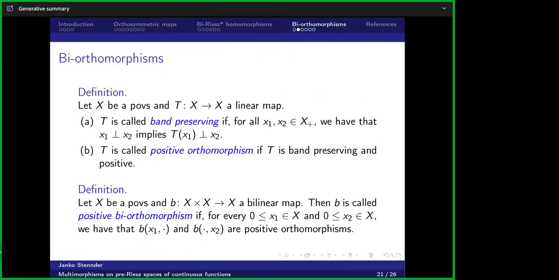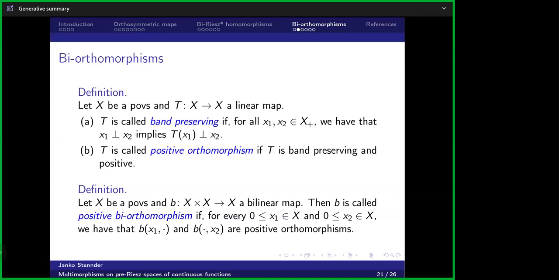And we define again a bi-version of this operator. On a partially ordered vector space, we call it a positive bi-orthomorphism. Again, if we fix one of the arguments with a positive element, then the result is a positive orthomorphism. Very similar.